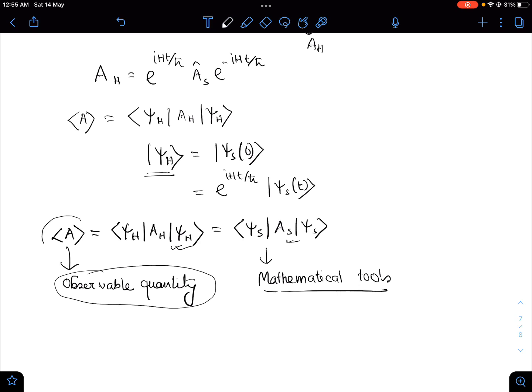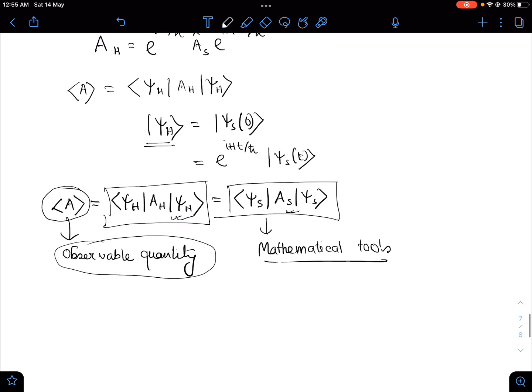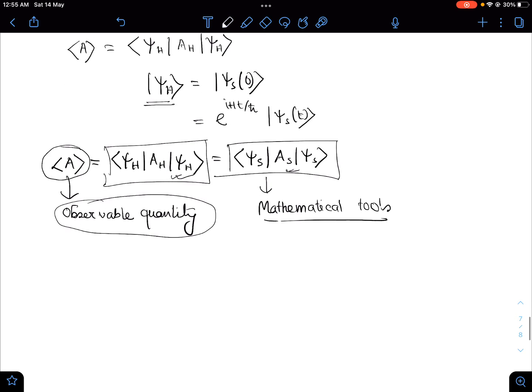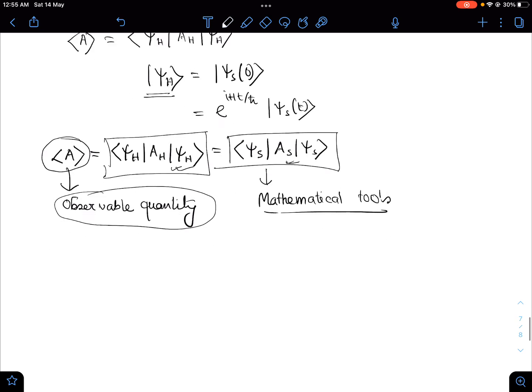So we can calculate the expectation value of any operator by considering the Heisenberg picture or the Schrödinger picture. In both cases, the expectation value of any observable quantity, I mean the expectation value of an operator, must not change. It should be the same, and that is what we get from the calculation.